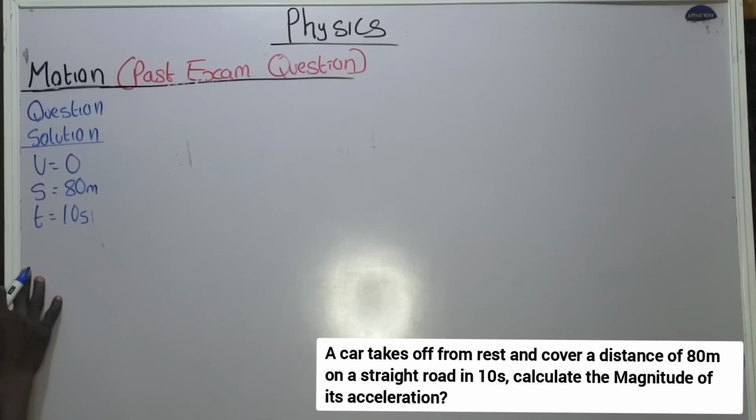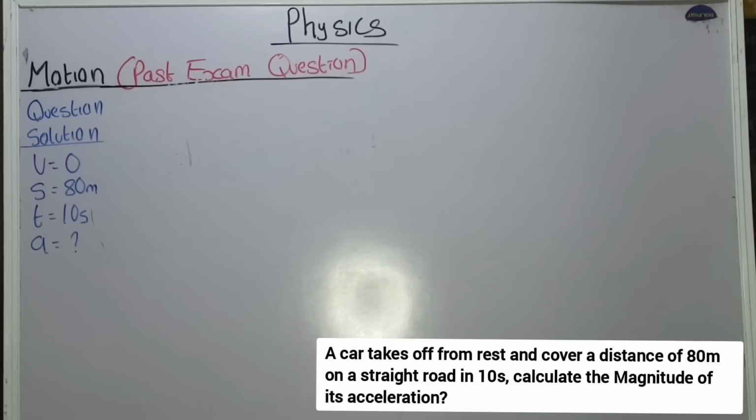Okay, so we are asked to calculate the magnitude of its acceleration. So here we are looking for acceleration. Now, with respect to these given parameters, which of the equations of uniformly accelerated motion are we going to use? Don't forget, we have three equations of uniformly accelerated motion. Which of those equations are we going to use to solve this question?